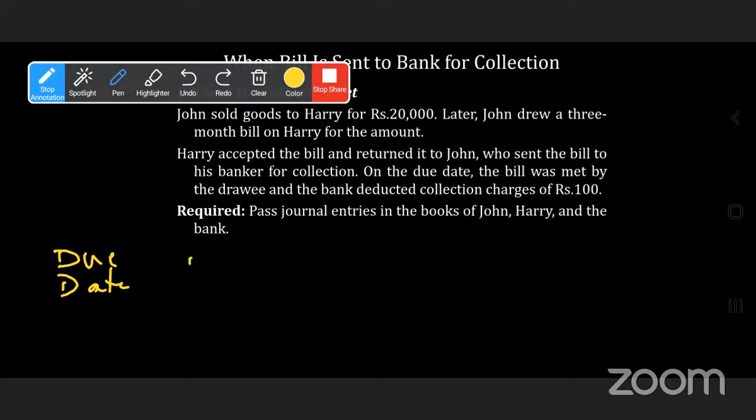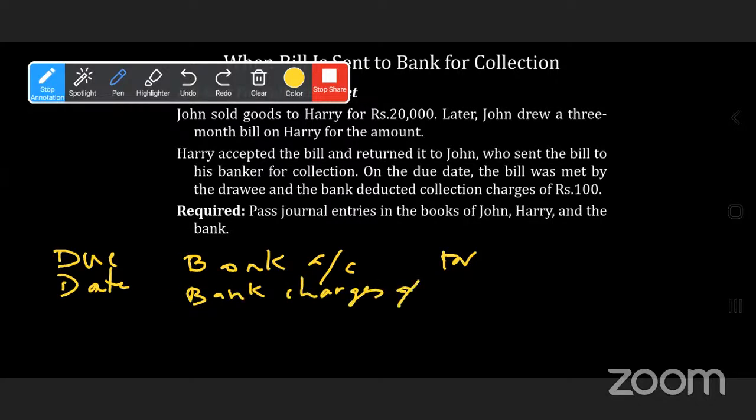Bank account debit, 19,900, because 100 rupees was charged as collection charges.